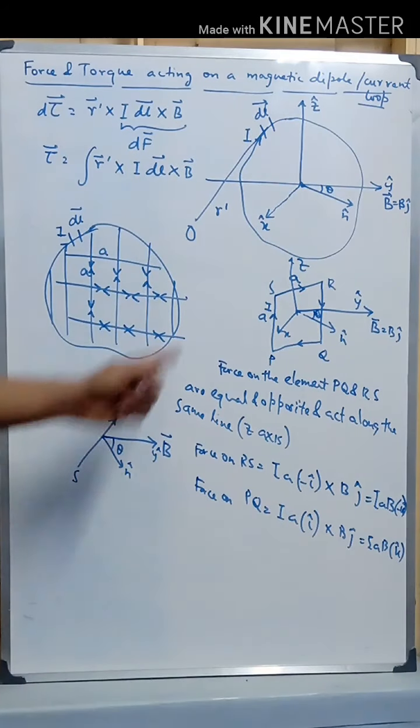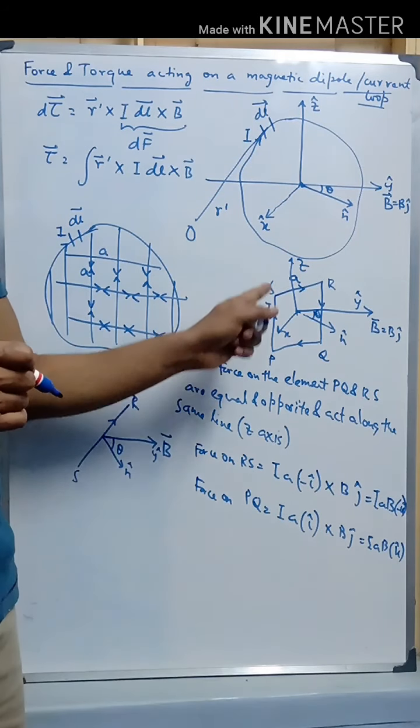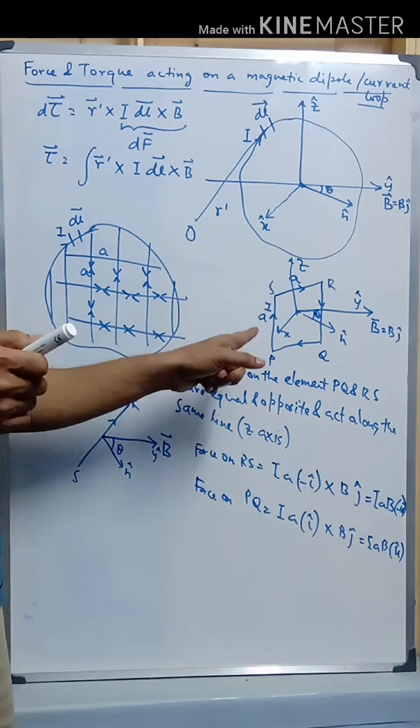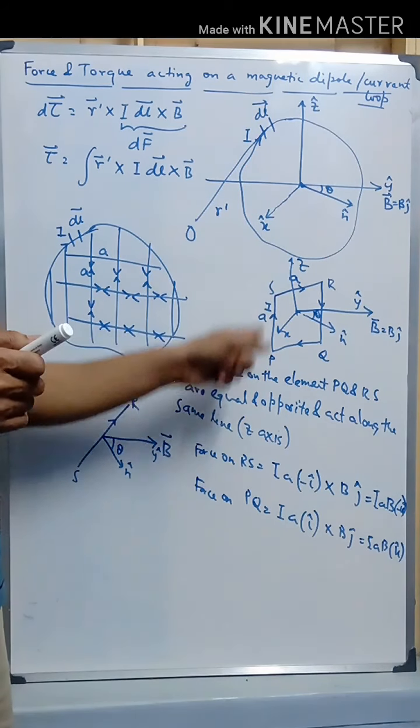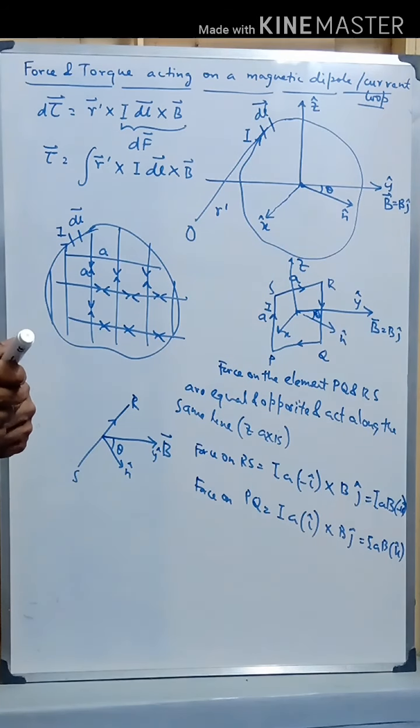But now the forces are again equal and opposite, but they are acting not along the same line. One is acting along the line PS and the other along the line RQ.